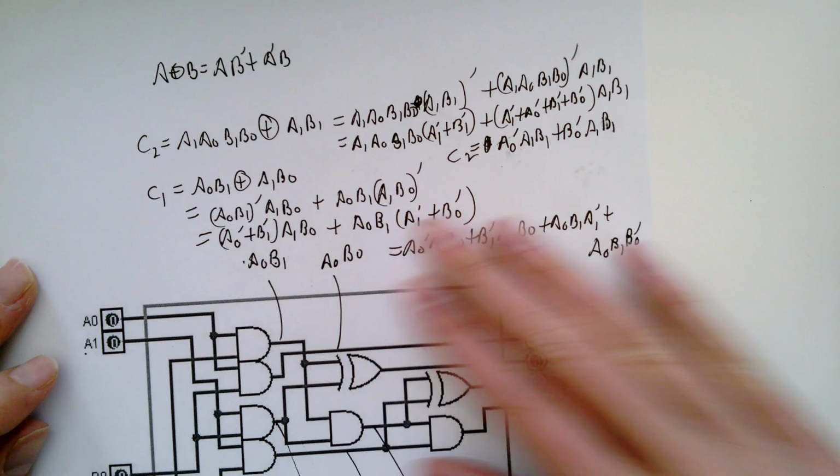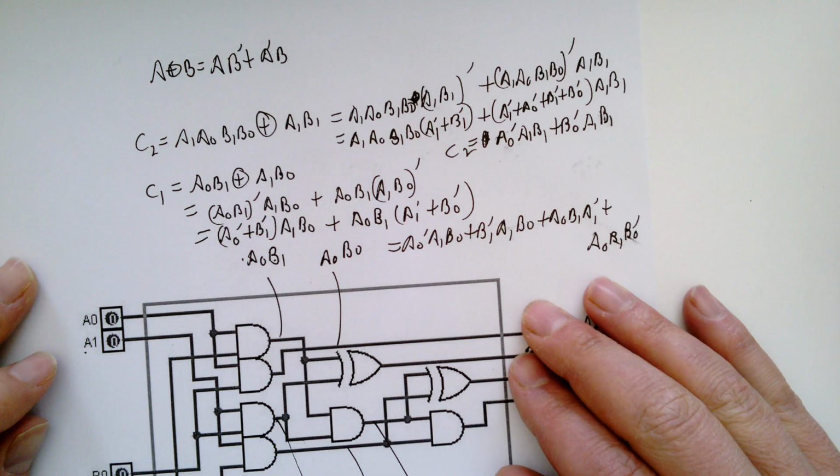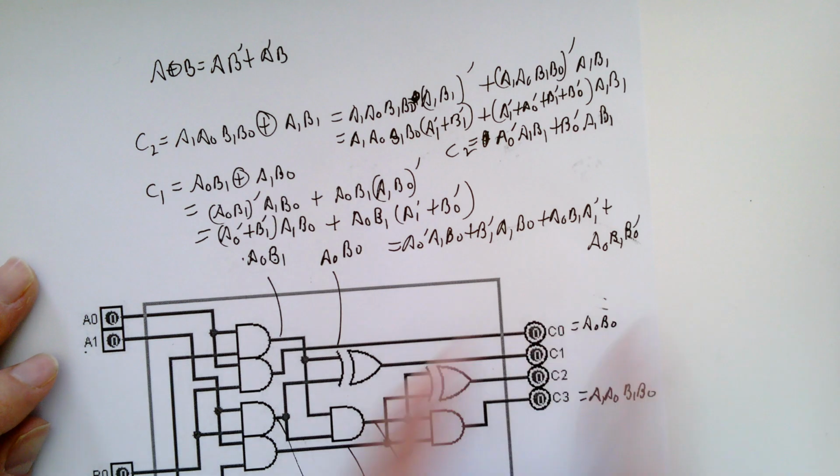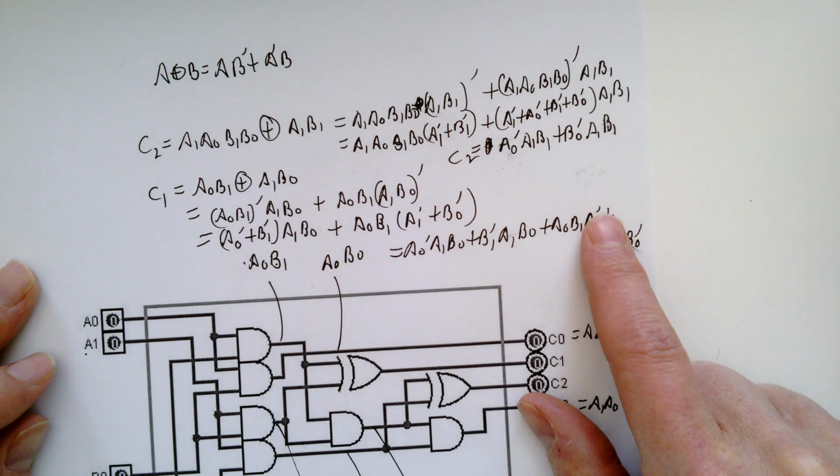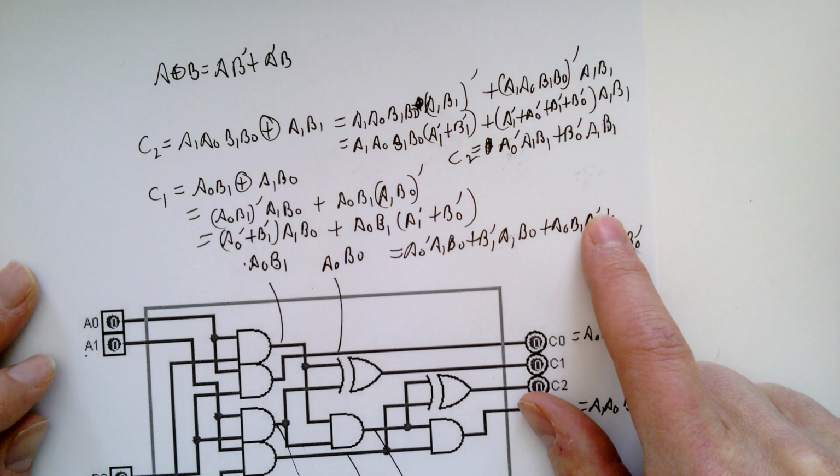And that's what I got. So taking this whole circuit and reverse engineering it and simplifying it gives me some Boolean algebraic expressions.